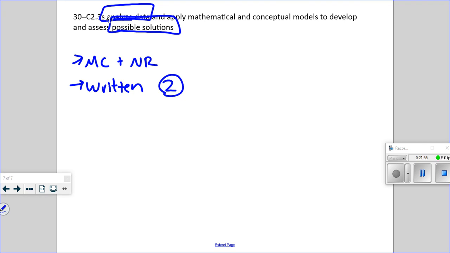Much like the last unit test, one of them is a little bit longer and it has like A, B, C, D. The other one's a little bit shorter and is really just one thing that I'm asking you. So it'll be the same setup as the last unit test, just with a few less multiple choice and numeric response questions, because each of them takes you a little bit longer, but the written is about the same length as the last one.